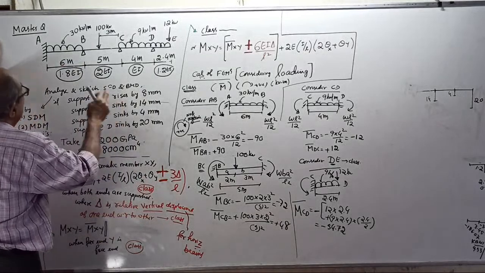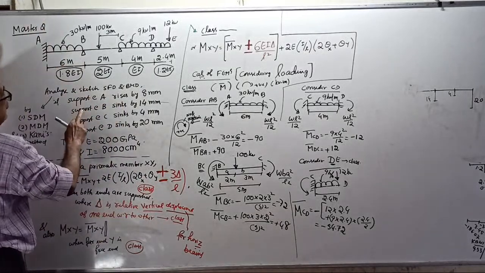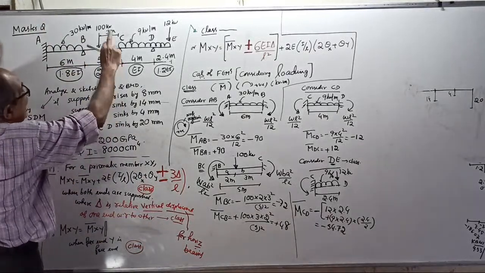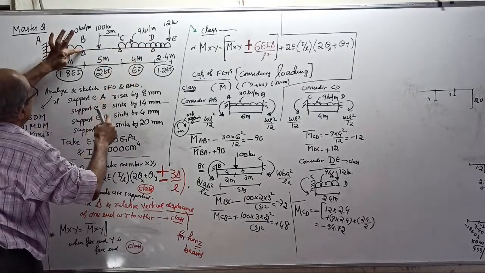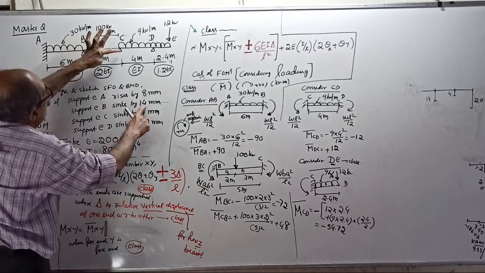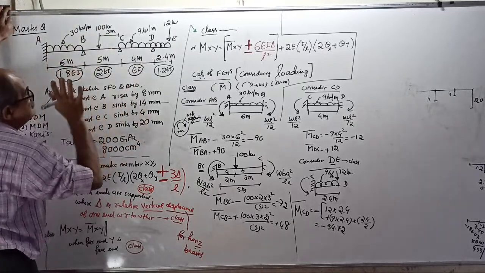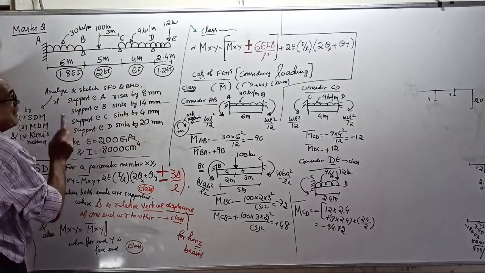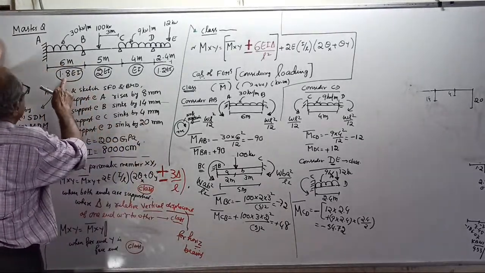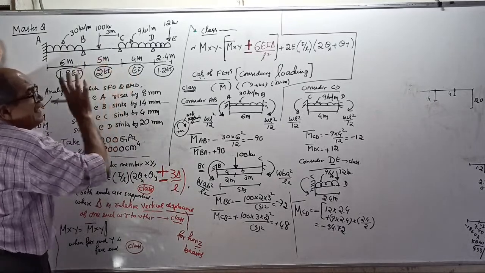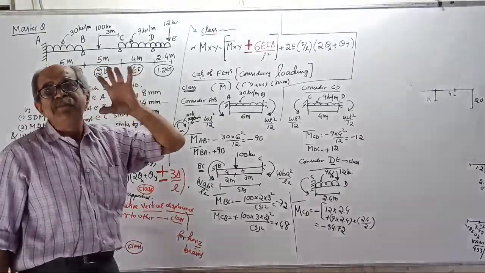Support at A rises by 8 mm. Supports at B, C and D all sink respectively by 14 mm, 4 mm and 20 mm. Then remember, so far I used to give 2 EI, 3 EI, EI like that, and theta would come in terms of EI.